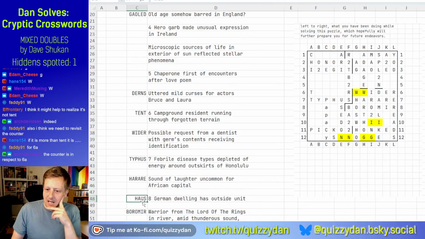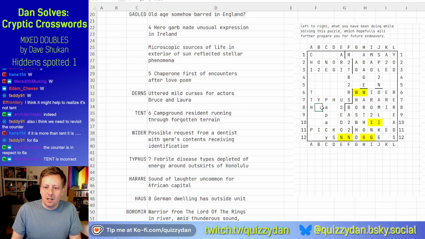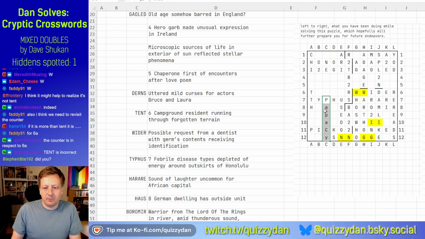Typhus Harari house. Okay, we could put that there. That I'm still not convinced by. No, I am convinced by that now. I'm pretty sure that that's okay. So that's being stretched, and then we've got the house there.